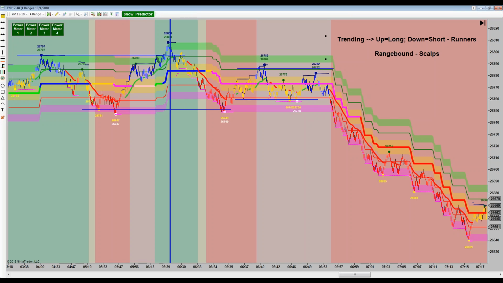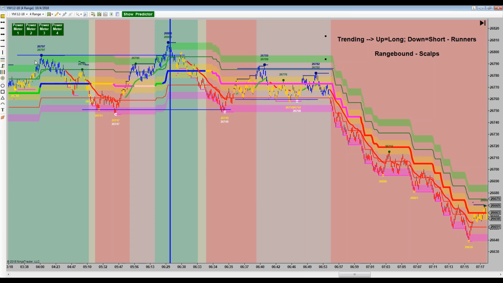Okay. So what we're saying is if you clearly can identify a range, support, and resistance area like this, then you are not expecting runners at that time. So if you are buying support as your primary mode of entry, we know that when you get up near this resistance level, you are doing what? Taking profits.